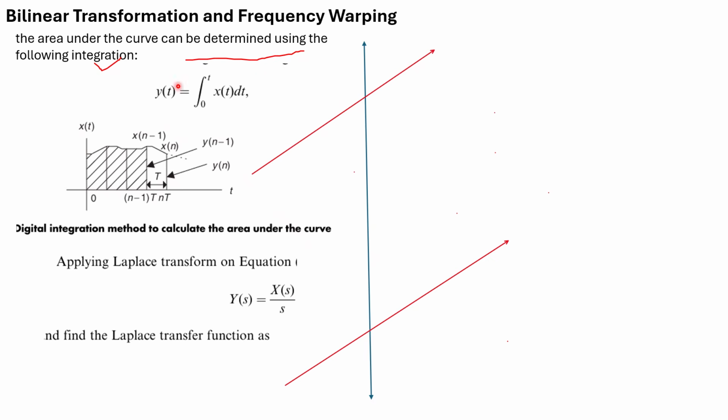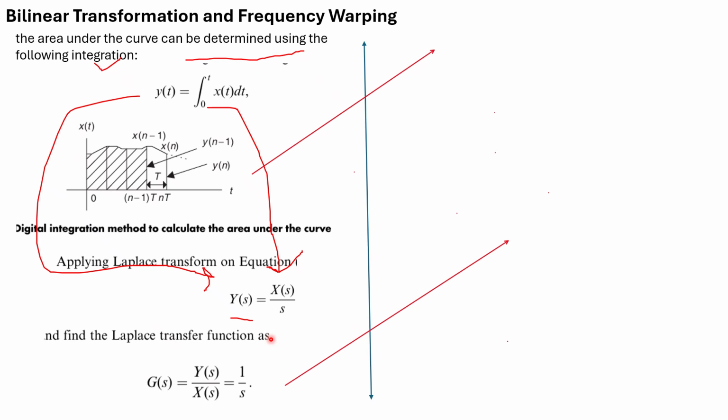Now how can we take the Laplace transform? In order to get the Laplace transform of this function, y(t) is equal to the integral of x(t), so you will get this type of equation after taking the Laplace transform. y(t) converts into Y(s) and x(t) converts into X(s), and since integration is there, this will be X(s) by s as per the Laplace transform property.